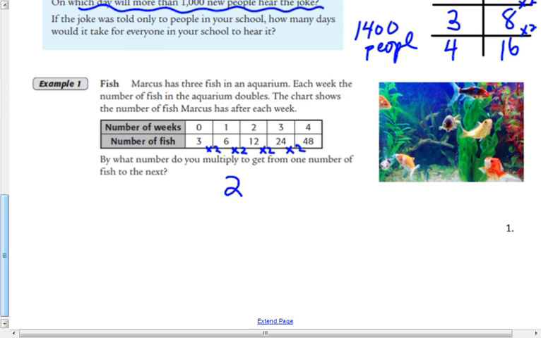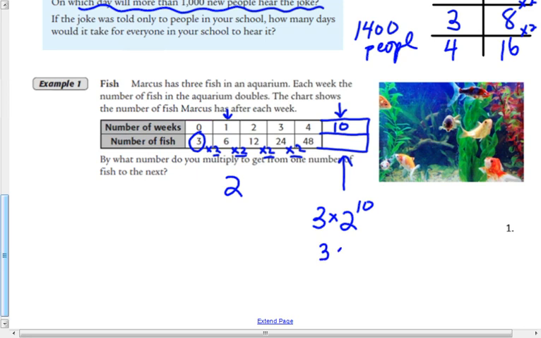And since we're multiplying by 2, we can represent this with an expression. Like, let's say we wanted to find one more here, maybe the 10th week out here. And we notice that we're multiplying by 2 for every week. So I need to multiply by 2 10 times to get the 10th week, and I'm starting at 3 fish. So an expression for the 10th week would be 3 fish in the first times 2 for each week, and then to the 10th power, so I multiply by 2 10 times.